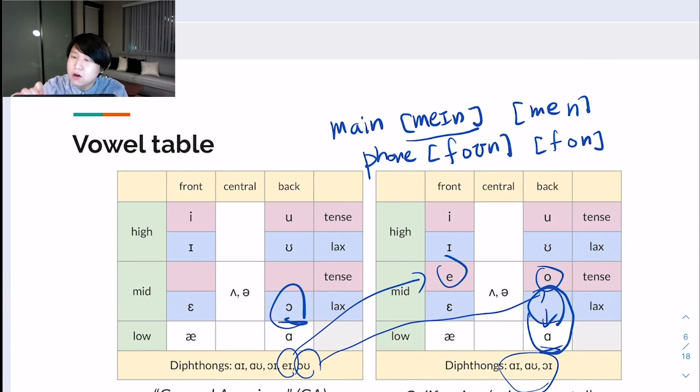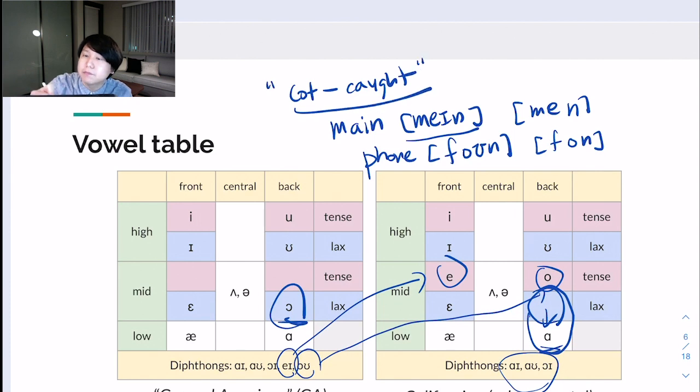So this is called the caught-cot merger, because in many accents other than Californian, these two are different vowels, like caught and cot. But in Californian accent, you don't say "law" with the open o; you say it with the "ah" sound. That's a very small difference, but that makes these two vowels merge together into one low back vowel.